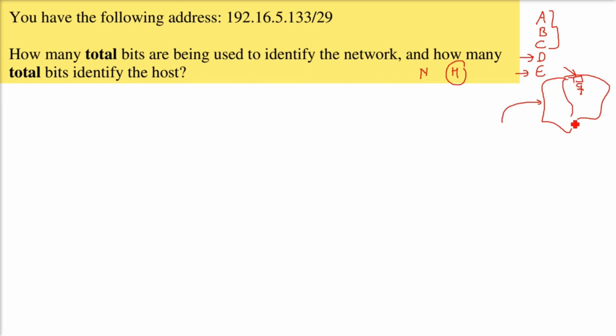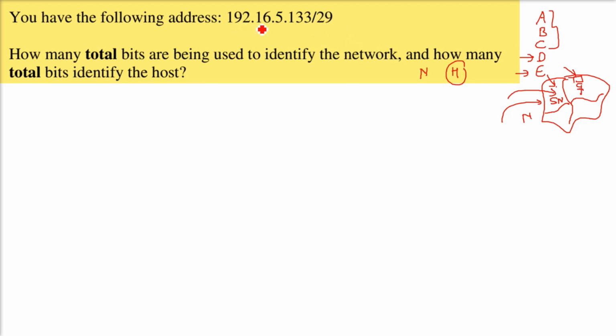This network can be divided into multiple parts, so we call it a subnet. A network divided into different networks, those networks are subnets. And every network will have certain hosts, certain computing devices or computers. This is the difference between a network and the host.